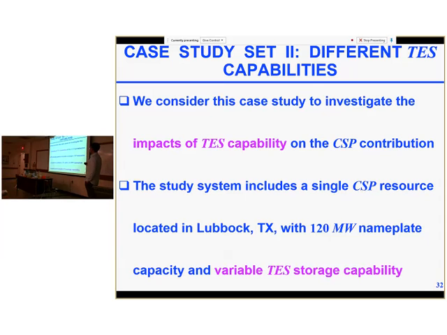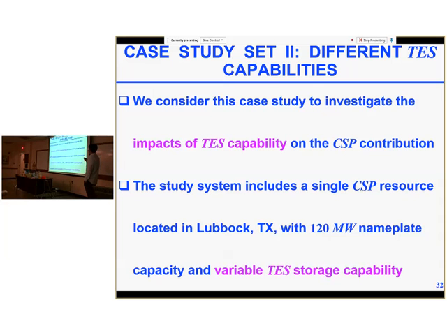In the second study, we aim to investigate the impacts of the thermal energy storage capability on the CSP construction. We consider a single CSP resource located in Texas with 120 megawatt capacity and variable thermal energy storage capabilities.